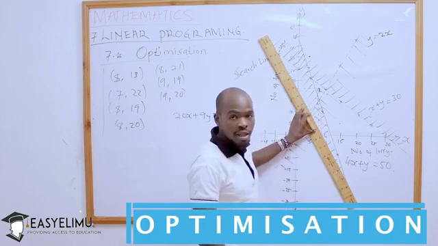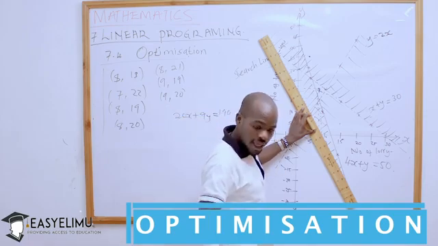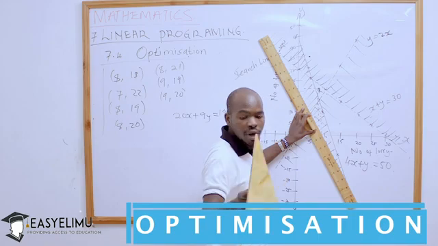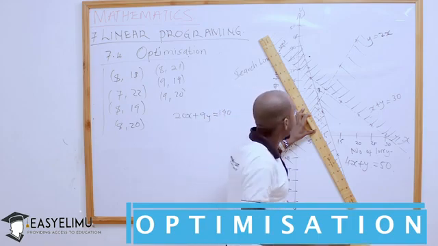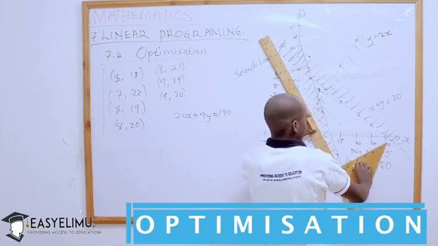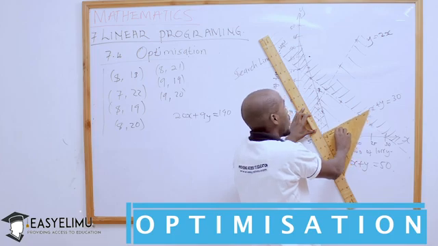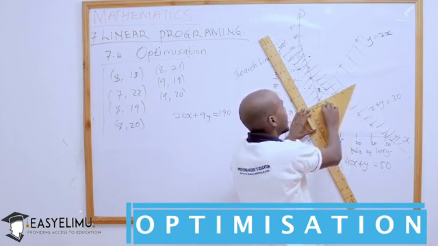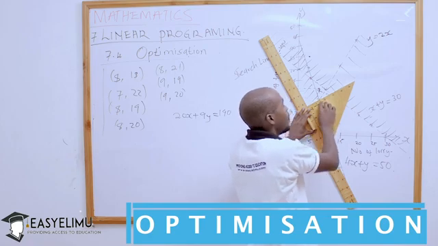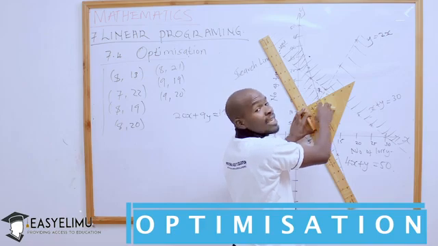Then, using your set square, either this or the other one, slide it along that ruler in this direction as you move closer to the region which you require to maximize or minimize. You slide until you find the minimum point, the point which is closest to the ruler on that search line that is feasible.